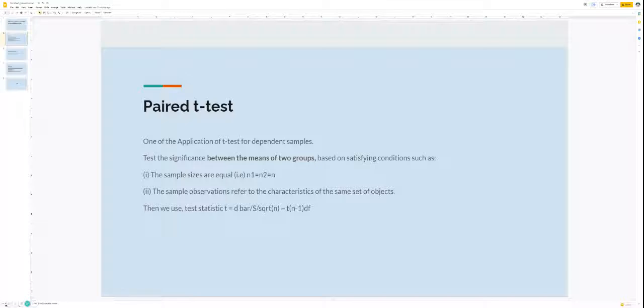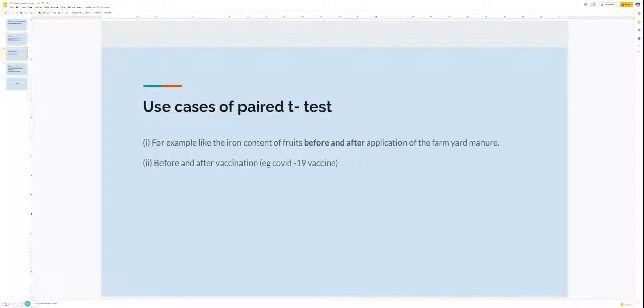And we test using the test statistic d bar divided by standard deviation divided by square root of n, which follows a t distribution with n minus 1 degrees of freedom. So this is the test statistic. If we come to the use case, we will understand better when to apply this paired t-test.